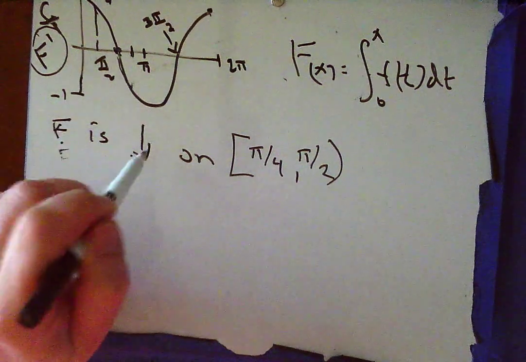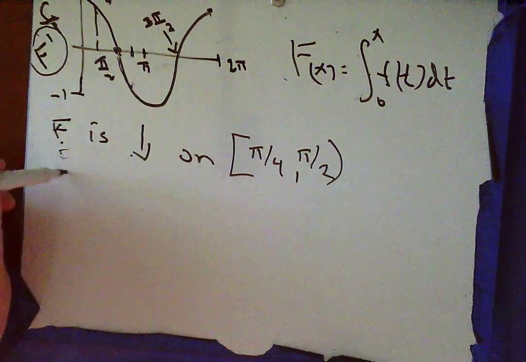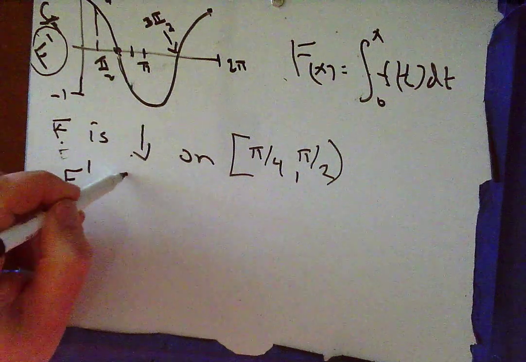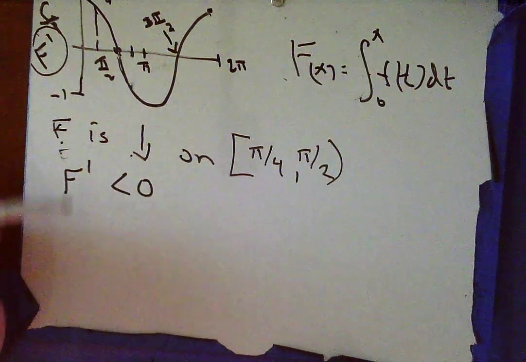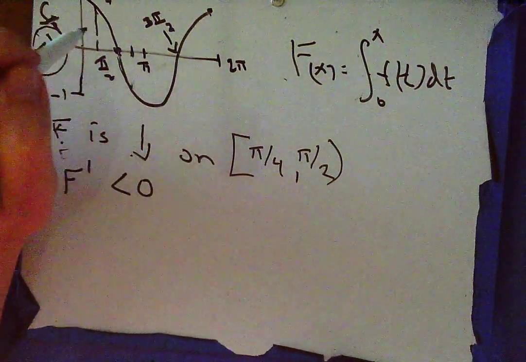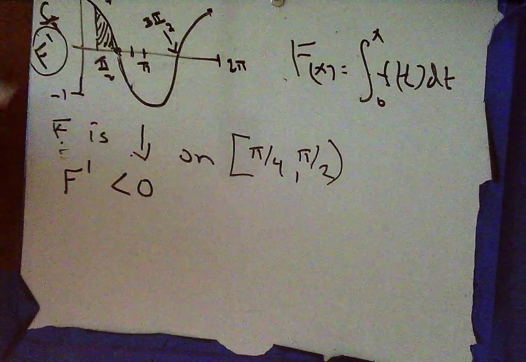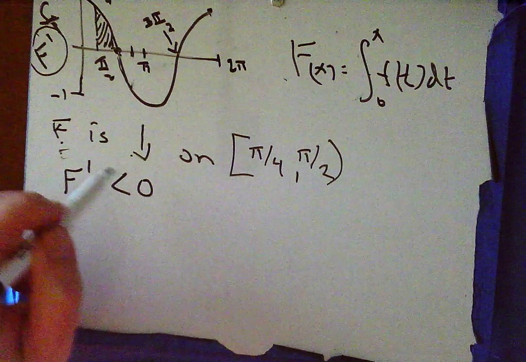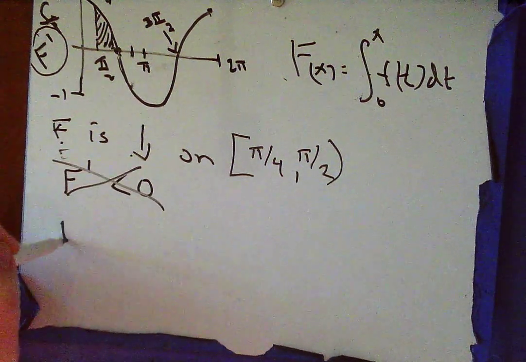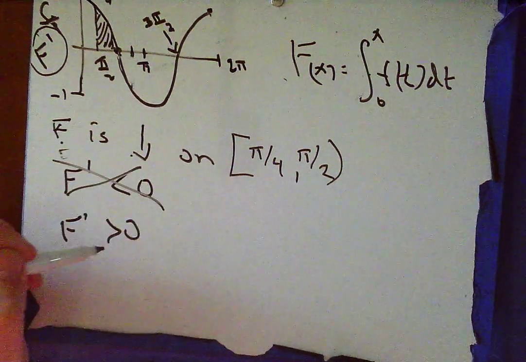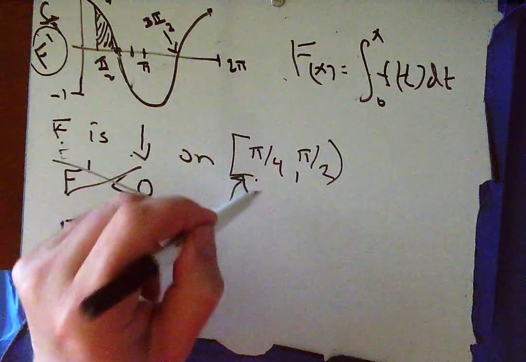So how do I know when a function is decreasing? Well, I know when its derivative is less than 0. This is a graph of that very derivative, and that very derivative has positive y values. And therefore, no, big F prime is in fact greater than 0 on that interval.